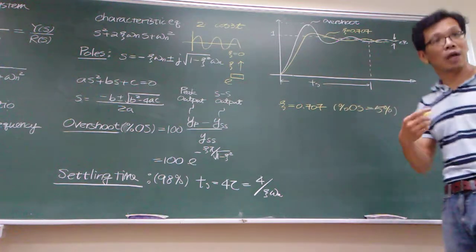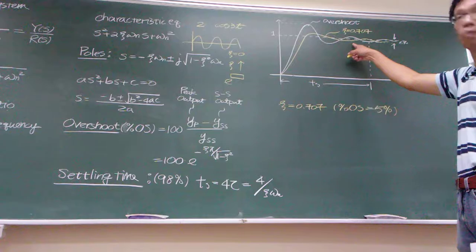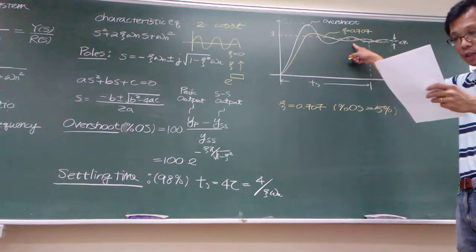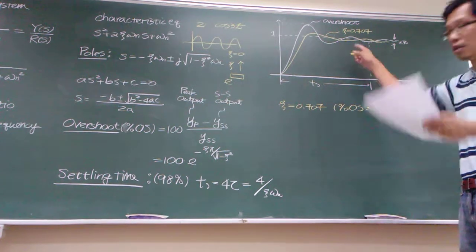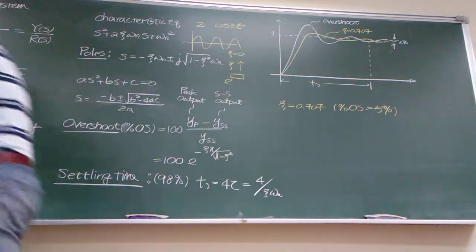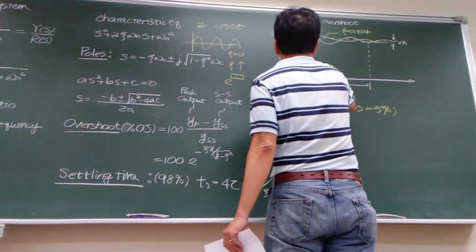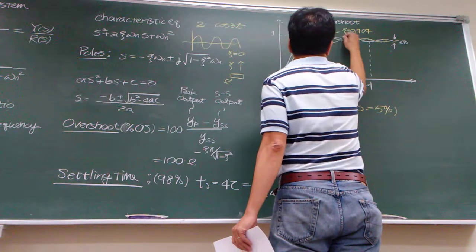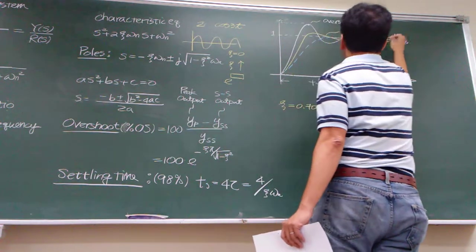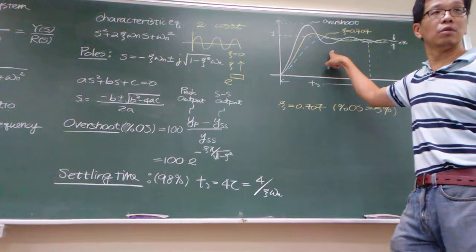If my damping ratio is high, it will become smaller. If your damping ratio is greater than, I would say, 0.8, we no longer have overshoot.